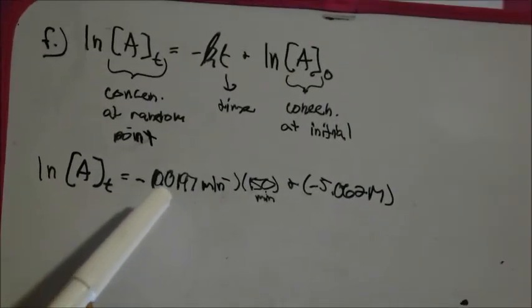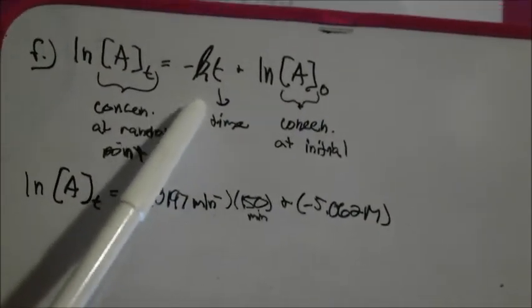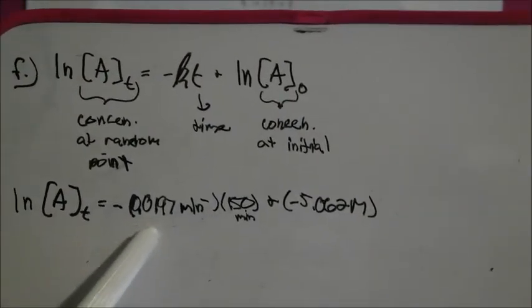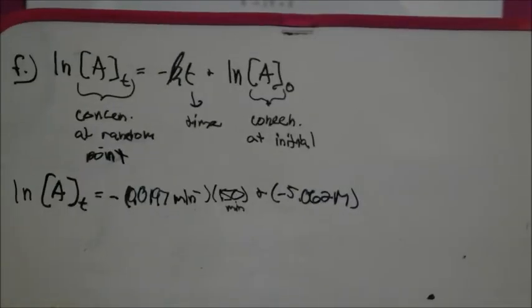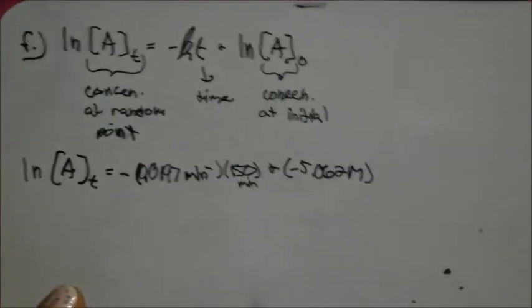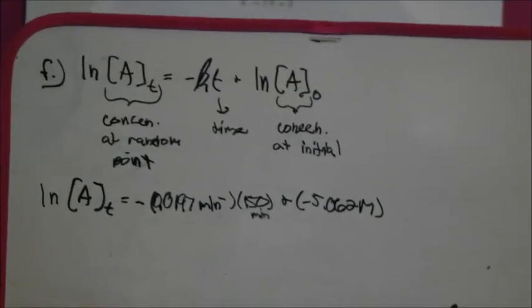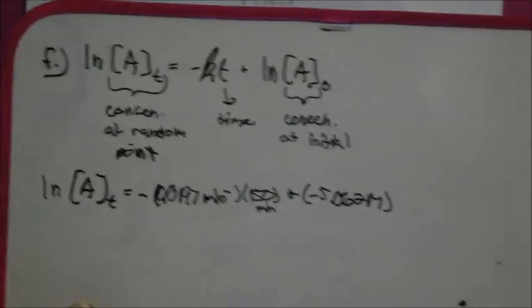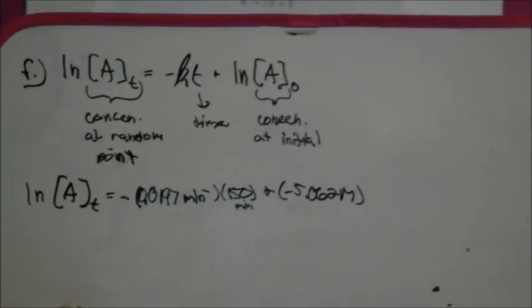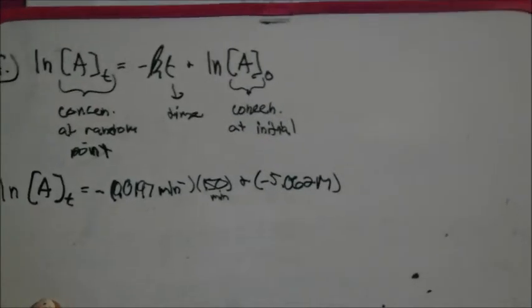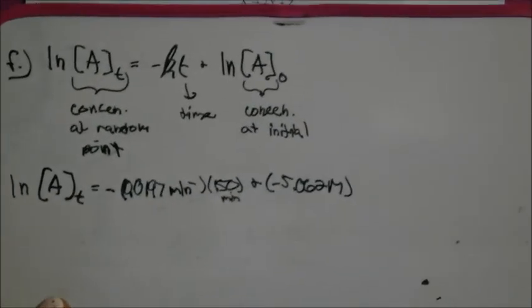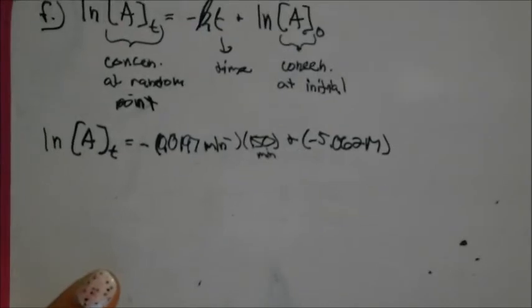For the K, we can plug in what we found in part E, because that's what we calculated was the rate constant K. And T, for time, it would be 150 minutes, because that's what specifically this question is asking for.